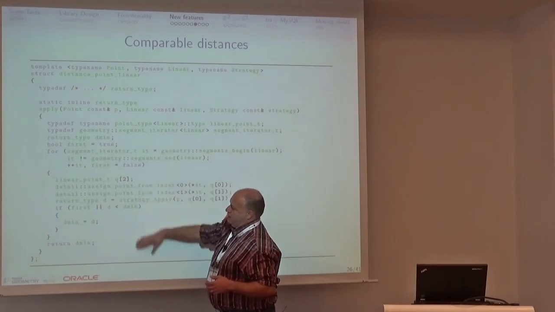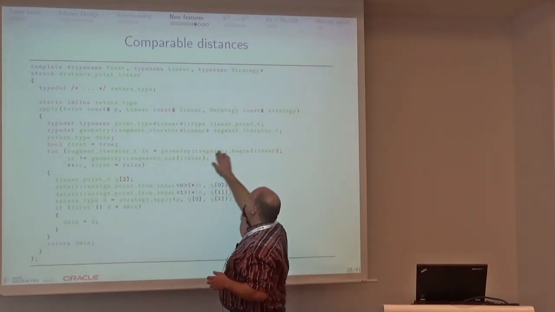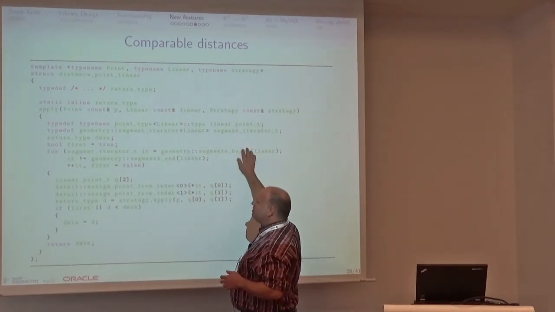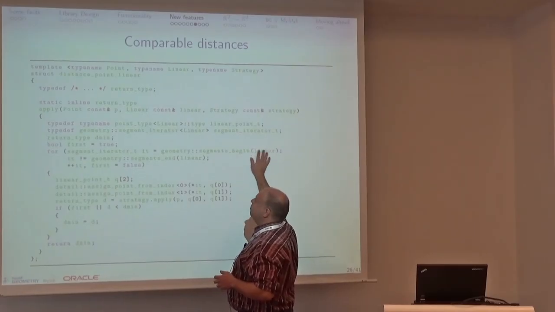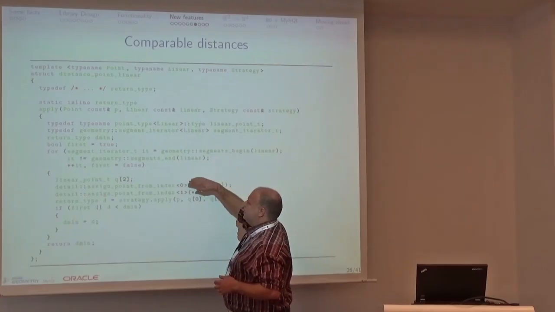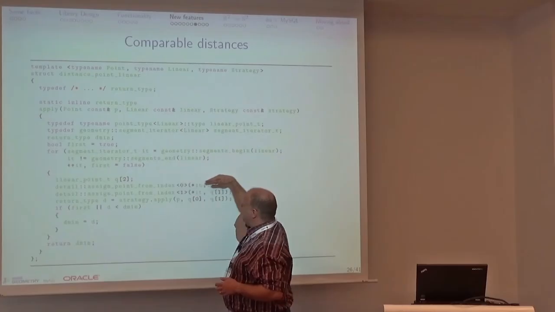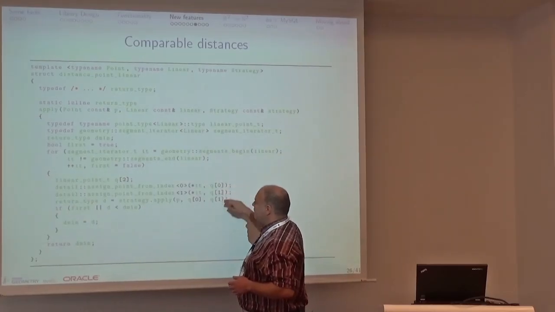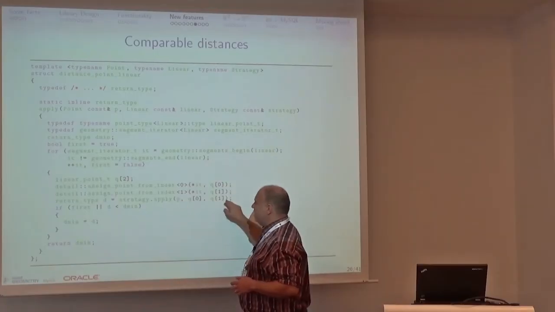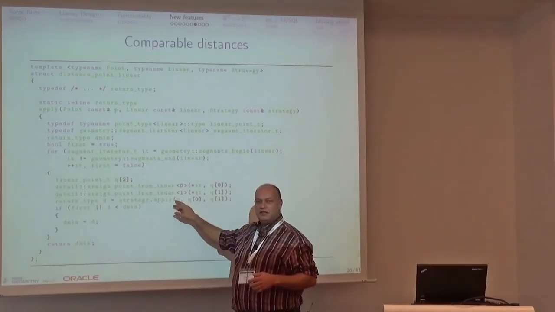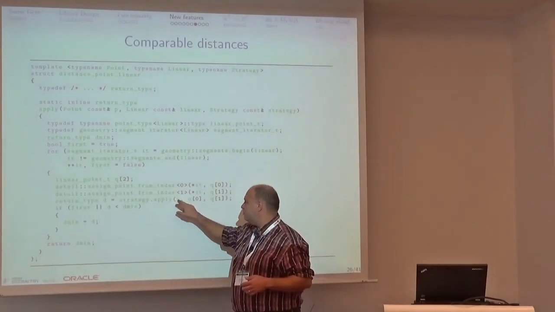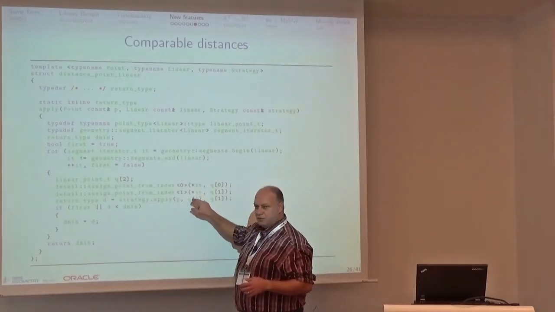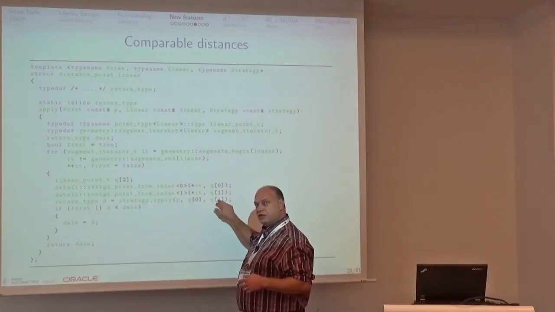Basically, I have a for loop that says, get me all the segments of the linear geometry through an iterator. And then for each one of the segments, get me the corresponding first point and second point. And then this strategy that I plug in here tells me, okay, give me the distance of the point P from the segment that has first point Q0 and second point Q1.